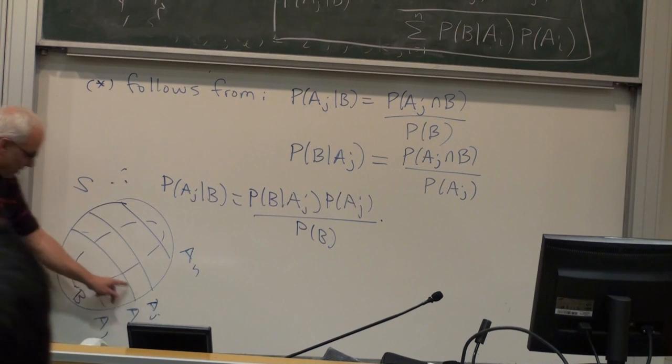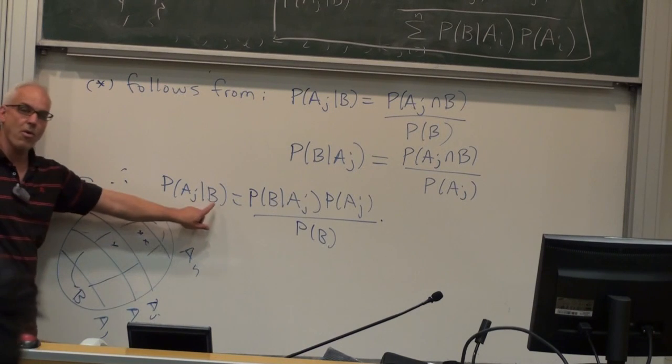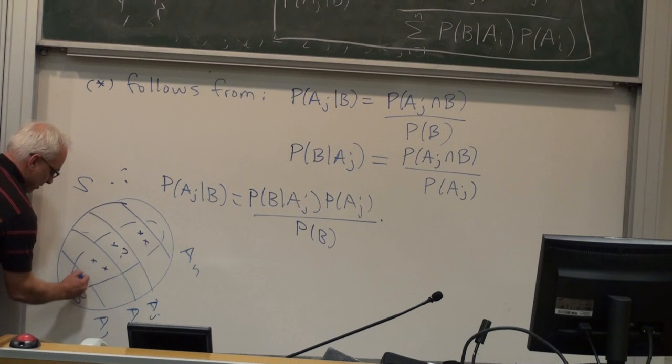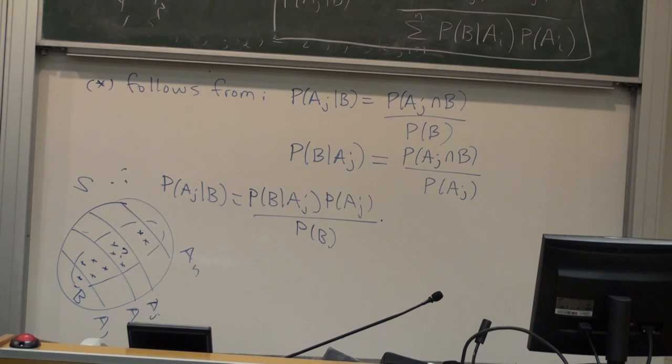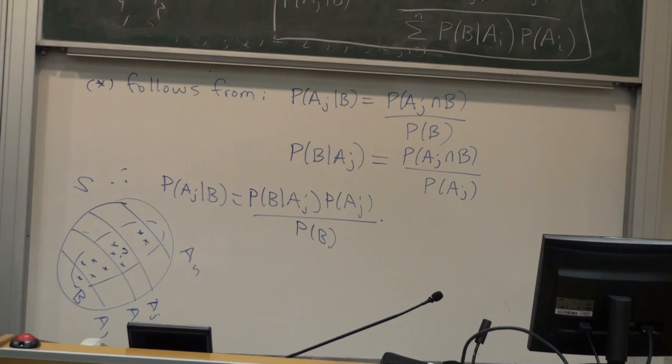We're interested in what the probability of this thing is given that we're in B. So if we know we're in B, what's the probability of actually being in AJ? Well, if we go back to this rainy weather day situation, let's see what it looks like since we have the situation here.